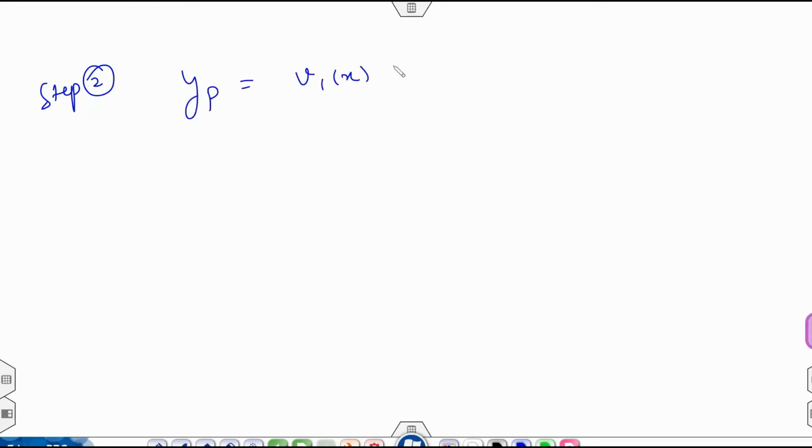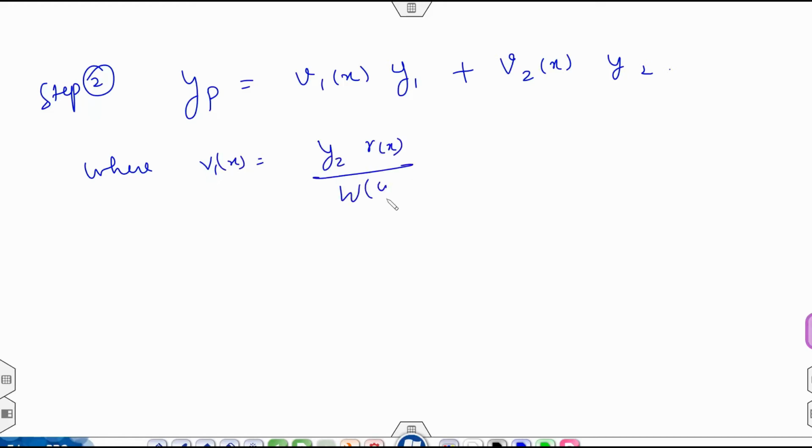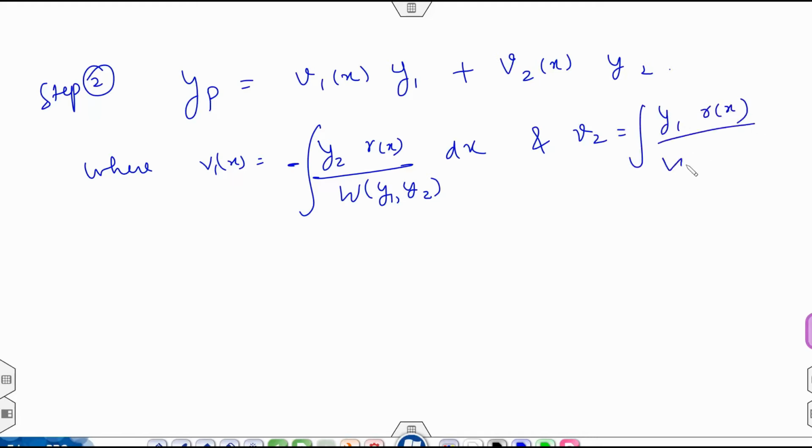yp is v1(x) into y1 plus v2(x) into y2, where v1(x) is equal to y2 r(x) divided by the Wronskian of y1 y2, integrated with a minus sign, and v2 is y1 r(x) upon the Wronskian of y1 y2 into dx. So let us write down the Wronskian.